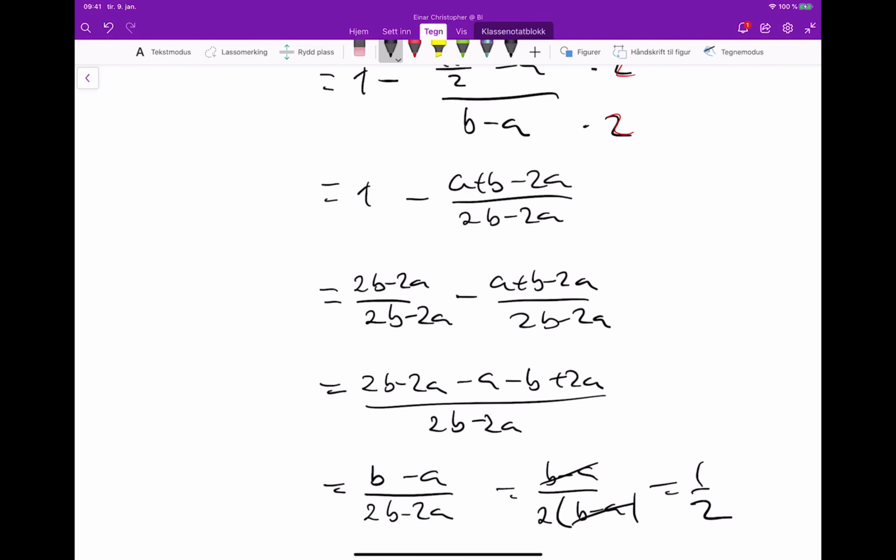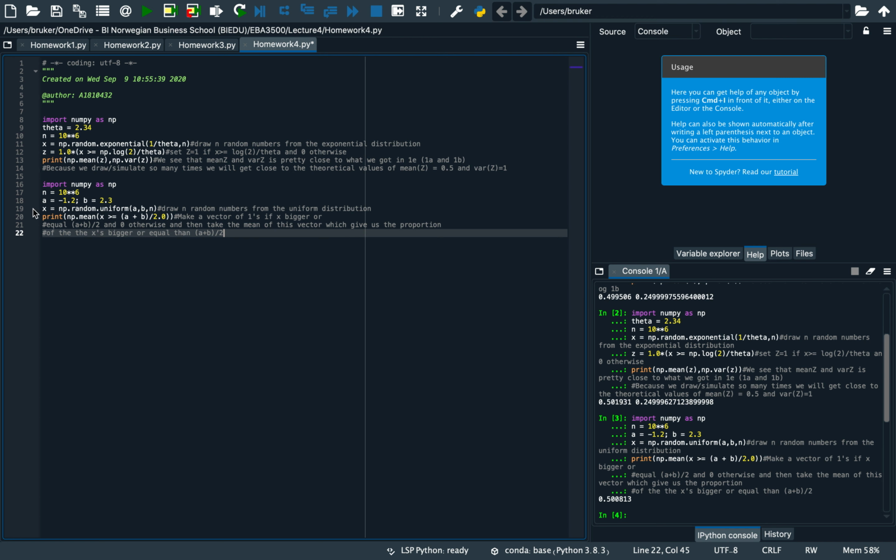And then lastly, we are going to simulate this probability in Python. But now we put values on a and b, and then we draw numbers from this uniform distribution.